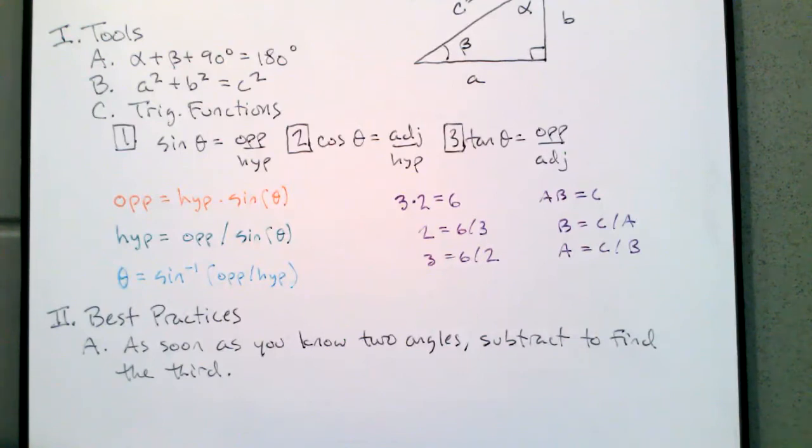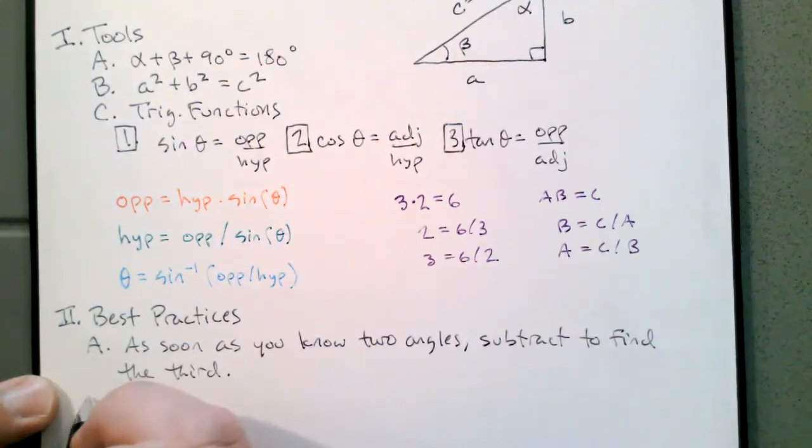Number two, in best practices, we need to watch out for rounding error. And there are two entries for this. So B is going to be watch out for rounding error.